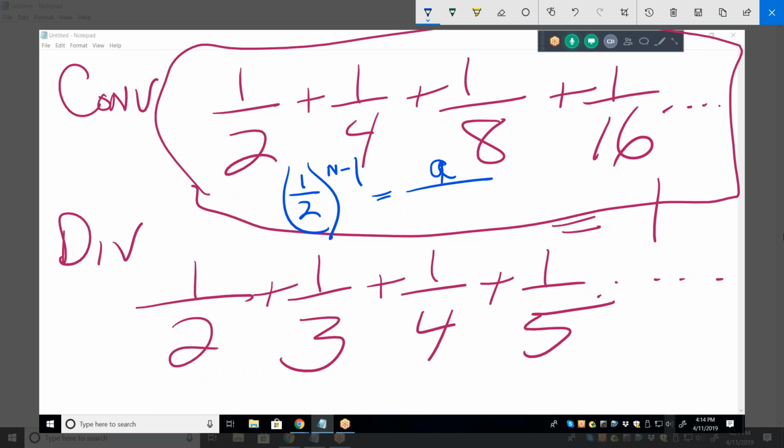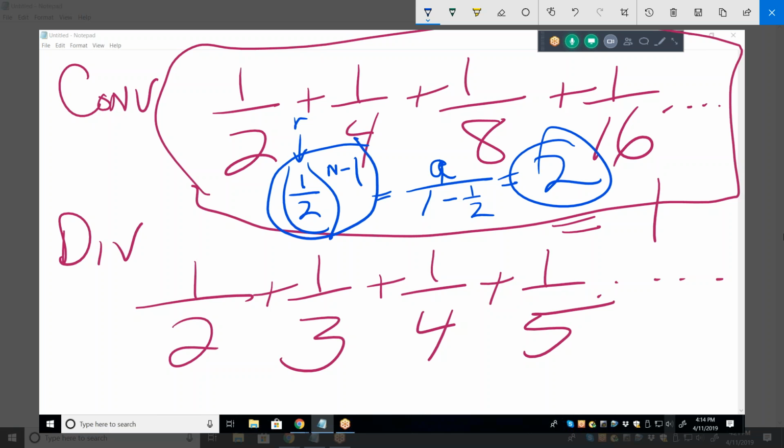This is r. So this would be 1 minus r, which is 1/2. So I would have 1 divided by 1/2, which is 2. But in the series I've actually written there, if n starts at 1, then the first term is 1. It's not 1/2. So that's why it's 2 instead of 1.